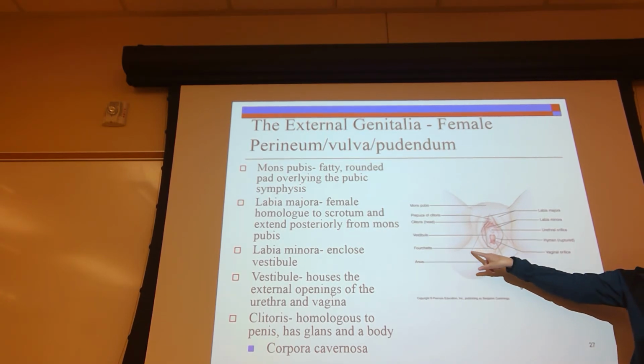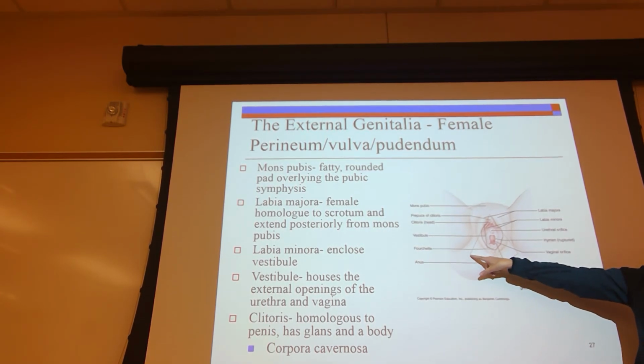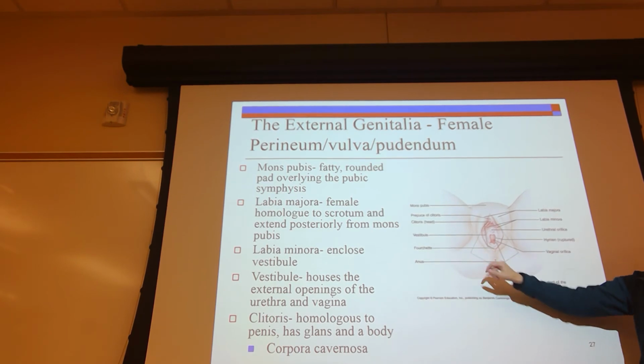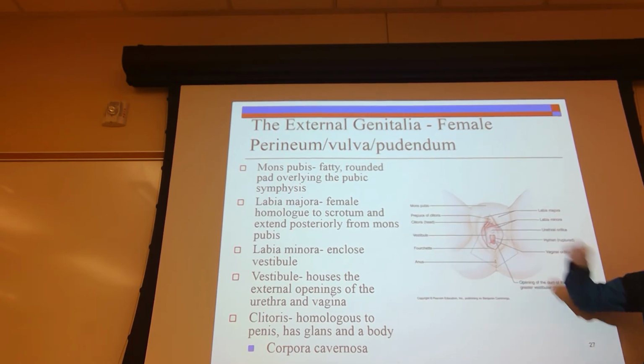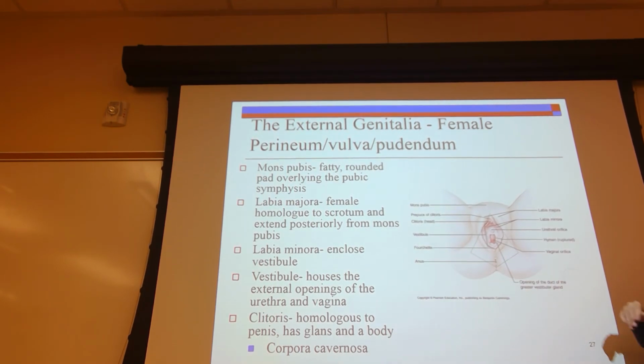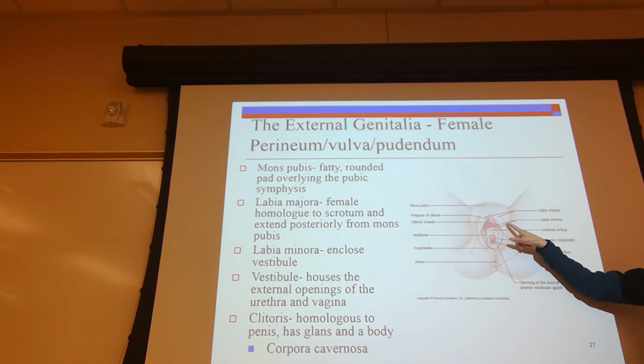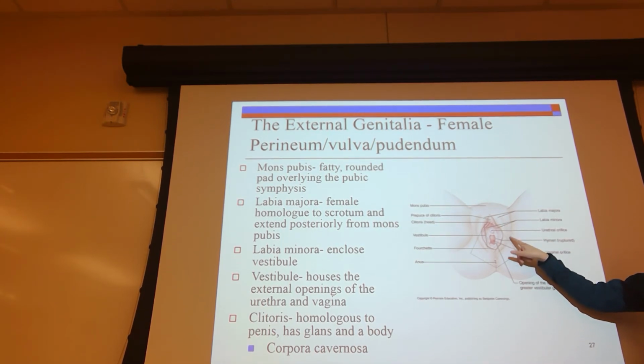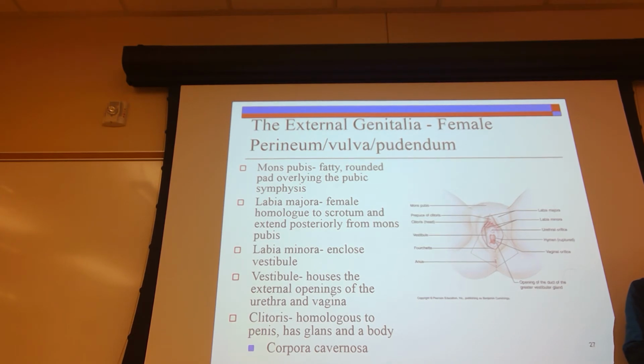So these would be where the ischial tuberosities would be found, then the rectum, and then up here is the mons pubis. Ladies, you have two lips. You have labia majora and labia minora. The labia minora, within them is the vestibule, which is appropriately termed the waiting place. And they will wait until we say, okay, right?